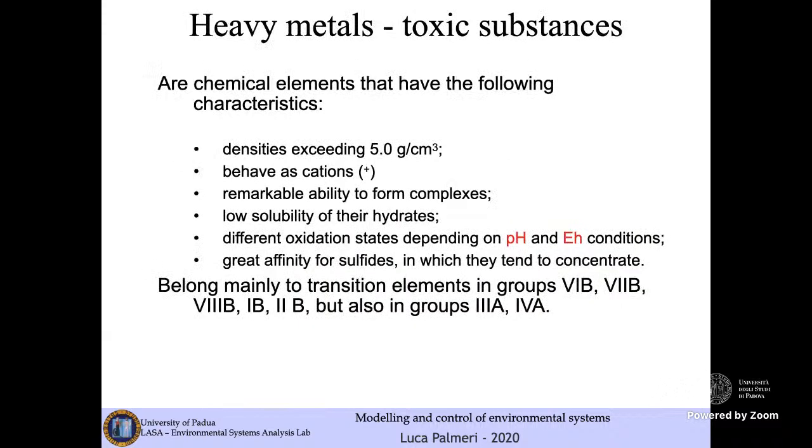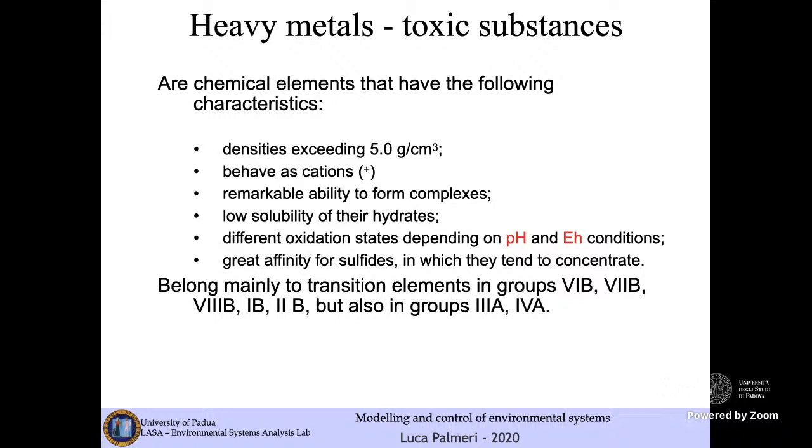Then another important class of substances that are of special interest for environmental engineers is, for example, heavy metals, which are toxic substances. Heavy metals are chemical elements that have the following characteristic: densities exceeding 5 grams per cubic centimeter. They behave essentially as cations, so positive ions.